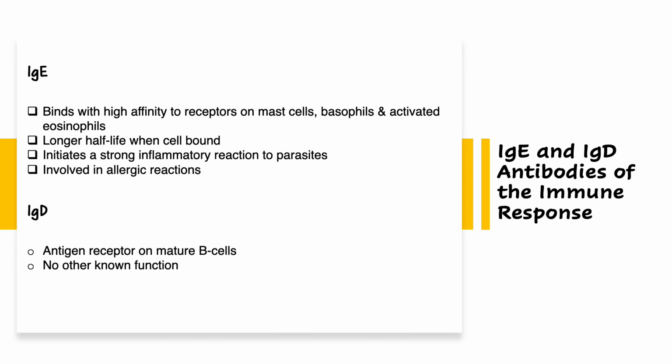And IgE binds with high affinity to receptors on mast cell, basophil dan juga activated eosinophil. Longer half-life when cell-bound, initiate a strong inflammatory reaction to parasite especially, and also the paling penting adalah involved in allergic reaction. Manakala for IgD adalah antigen receptor on mature B cell, but no further function has been identified so far.